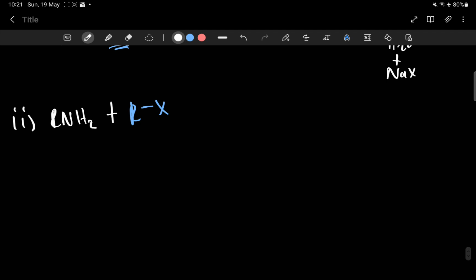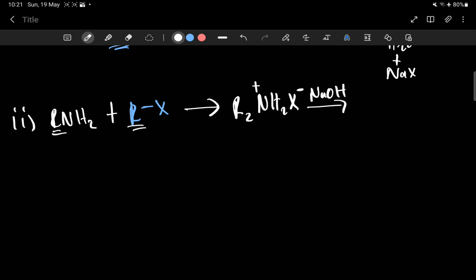What's going to happen in the first step is they just stick to each other, right? By now we know. So in this case, we are just going to write it as R2 because this R means this R. And then we would have it as NH2 then X. And what's going to happen is we have this nitrogen being the positive guy and the group 7 being your negative. Then we treat it with a base, NaOH. Then we know what's going to happen.